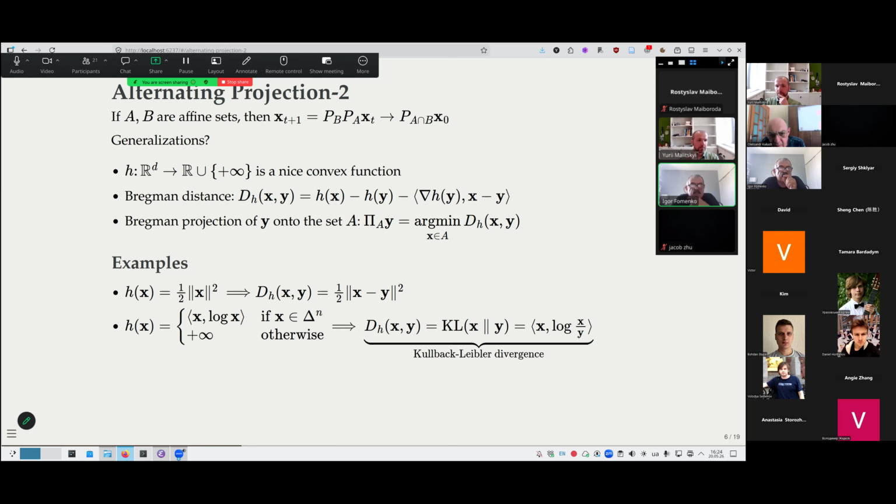Wait a second. It bothered me that now I see that it's Kullback-Leibler divergence, or according to Krasnoselsky, he would use so-called Hilbert-Birkhoff metrics for convergence for positive systems.